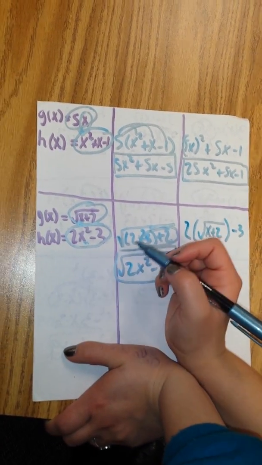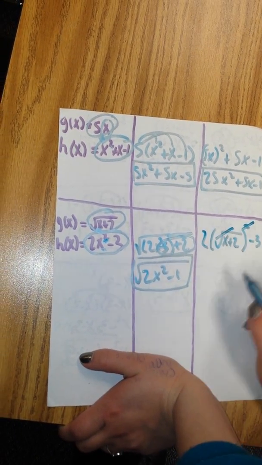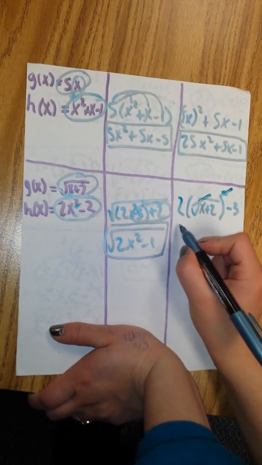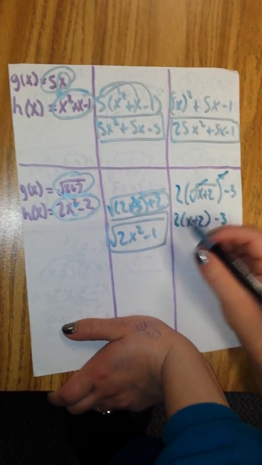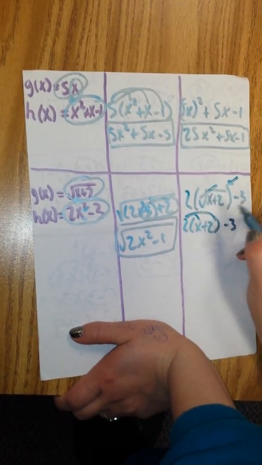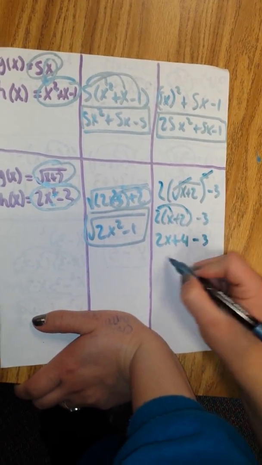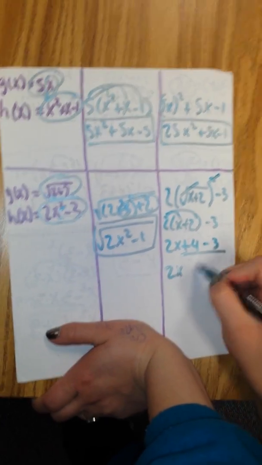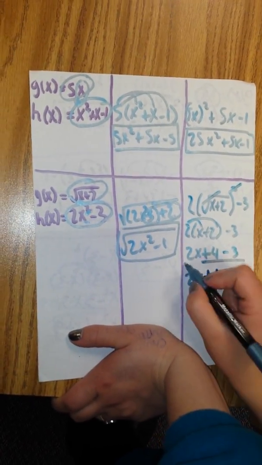And because it's squared, the squares just cancel out. So you'll have 2x plus 2 minus 3. And so then you'll just distribute the 2 and get 2x plus 4 minus 3, combine like terms, 2x plus 1. And that's your final answer.